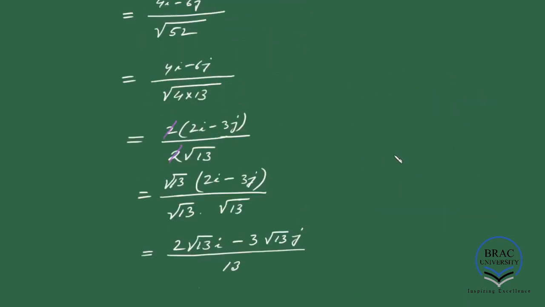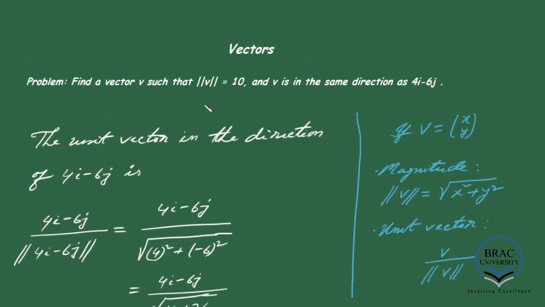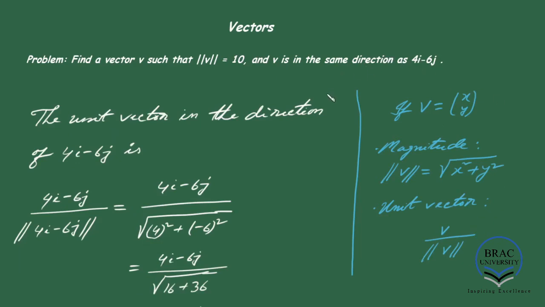Using this idea, we can express our vector v as a product of its magnitude and its unit vector. We have calculated the unit vector for vector v, which is basically the unit vector of the vector 4i minus 6j.